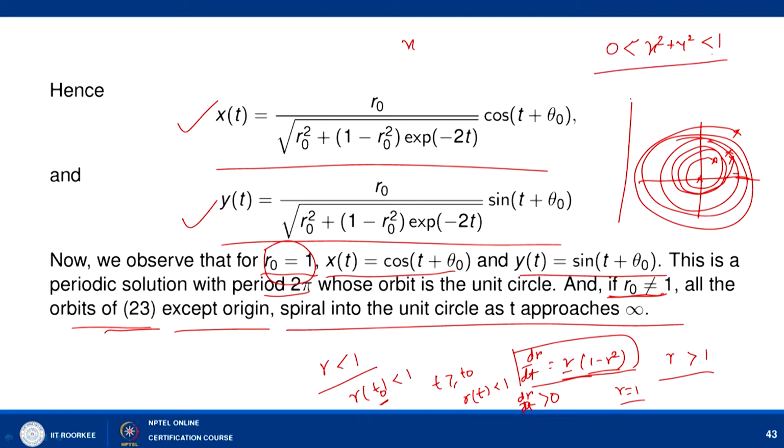So, your solution is bounded in an annulus, and the solution orbit which starts inside must spiral into the solution x squared plus y squared equal to 1, the orbit of x(t) and y(t), which corresponds to a periodic solution.